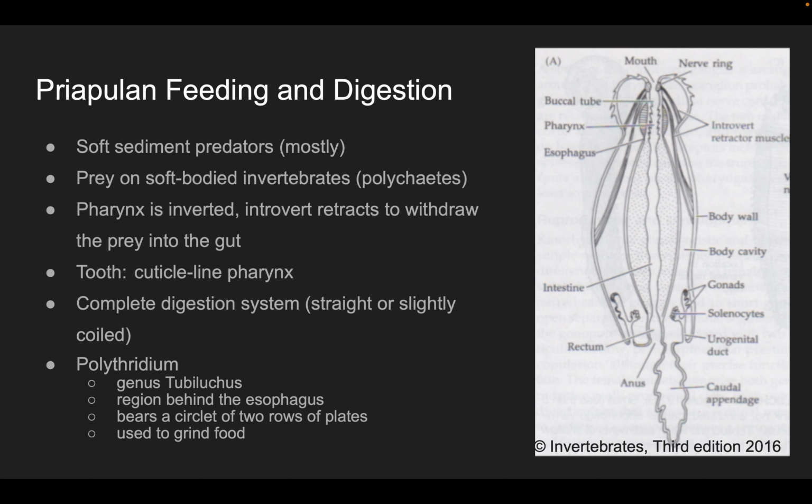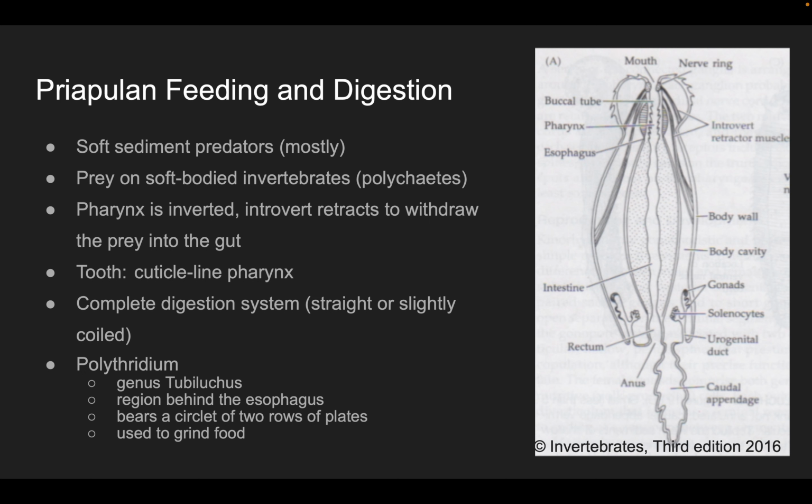The majority of priapulans live in soft sediments and prey on soft-bodied invertebrates such as polychaetes. During feeding, a portion of the tooth-bearing cuticle-lined pharynx is inverted to the mouth at the end of the extended introvert. As the prey is grabbed, the pharynx is inverted.